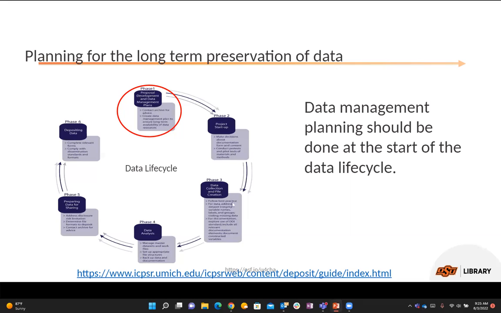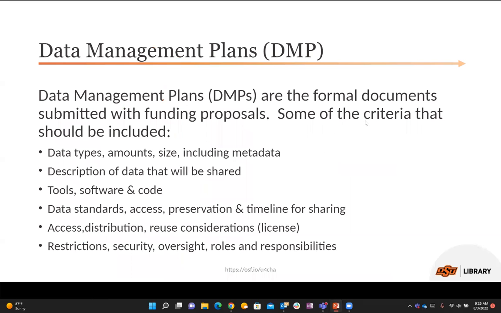So it helps to understand that this particular form of the data life cycle is from the ICPSR website. ICPSR is a social science and political science repository. Again, an excellent resource because they have so much information about data management.